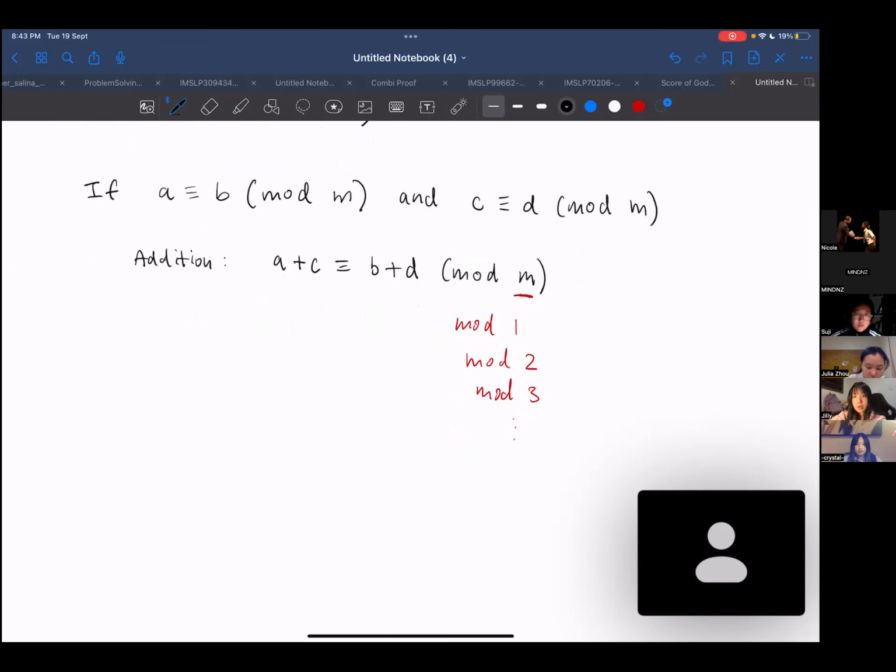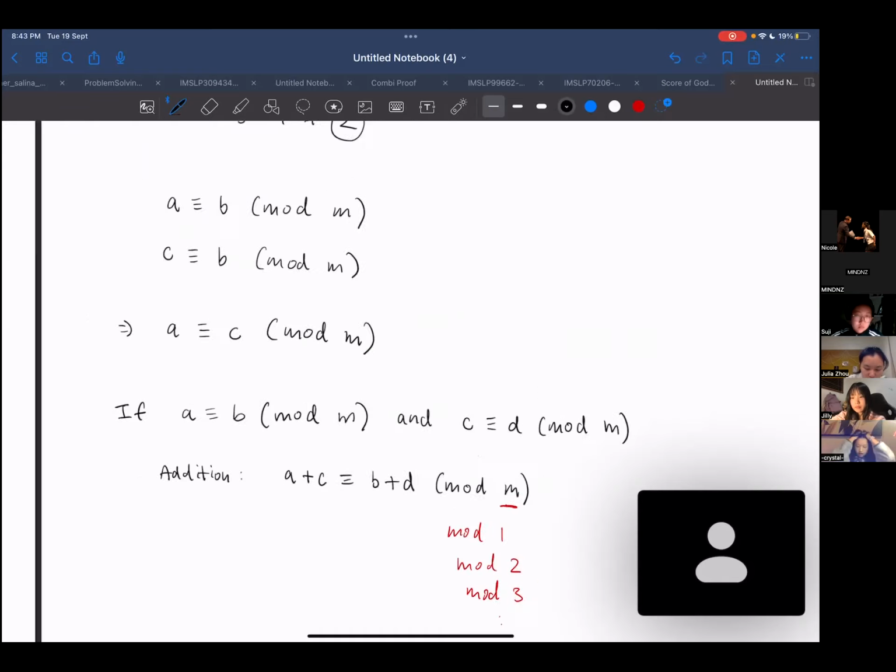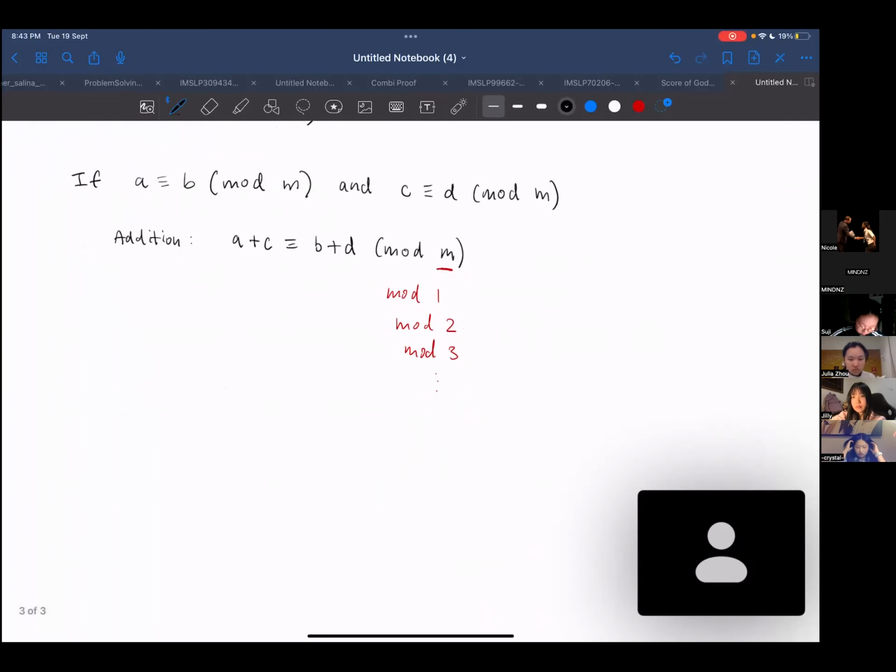Okay, so let's just think of when precisely this will be true. We'll just give some examples. We can just say 5 is congruent to 8 mod 3. And we all know that's true because they have a remainder of 2 when divided by 3.